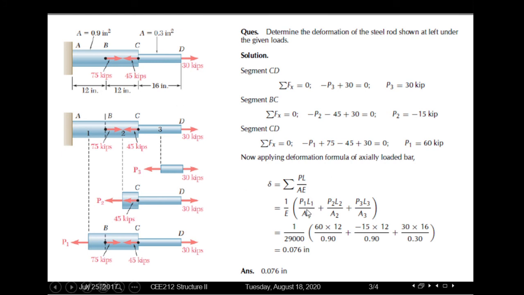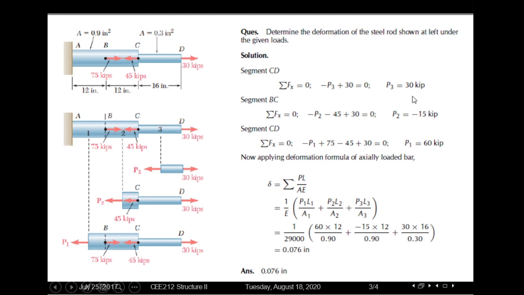We can see here three segments, and for these three segments the material is the same, so we have taken 1 by E as the common factor and considered it outside of the bracket. Now we'll be calculating the deformation for each segment and then summing those up.